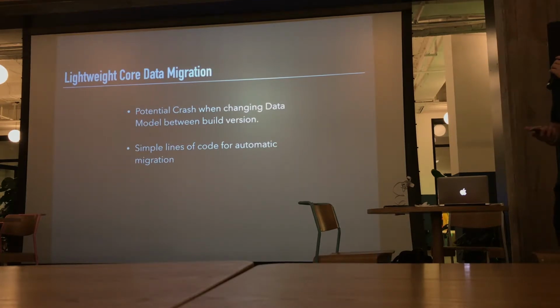Finally, we'll have lightweight migration. If you change the data model between two versions, sometimes it might cause your app to crash on launch. Core Data always supported lightweight migration, but now you have a simple line of code for automatically migrating the data model between versions.